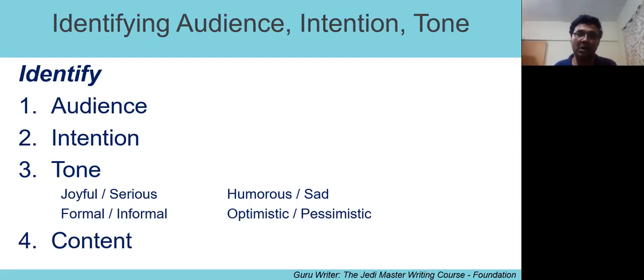So now, for your speech, the title that you just decided, I want you to identify an audience. I know that this is in the air, but I would still like you to do this exercise. Identify the audience, identify your intention, and then figure out what the tone might be.